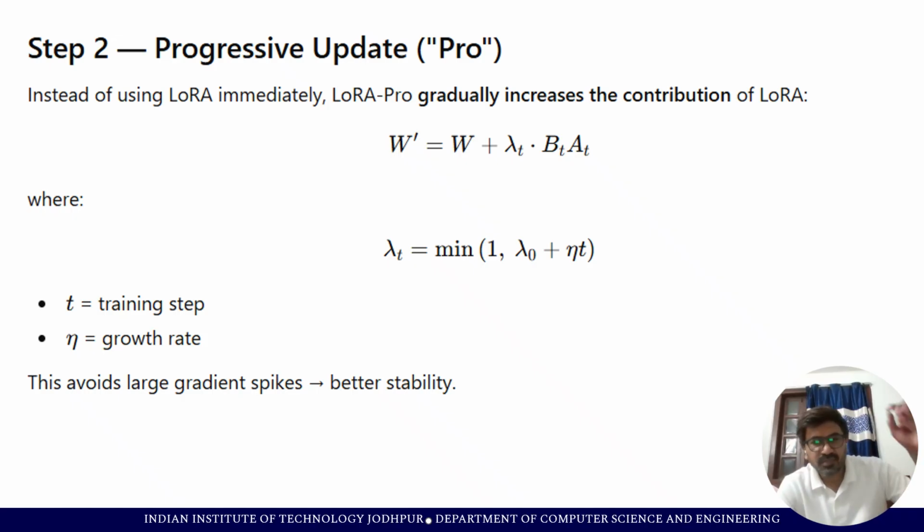Lambda t is gradually increased at each training step t by a small growth rate eta, until it reaches the maximum of 1. This acts as a warm-up, gradually fading in the LoRA adapter's influence. This avoids shocking the model with large updates and leads to much better stability and convergence.